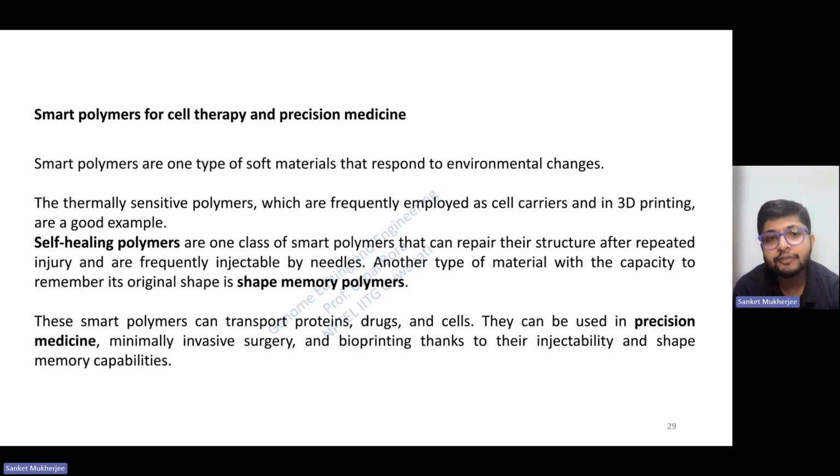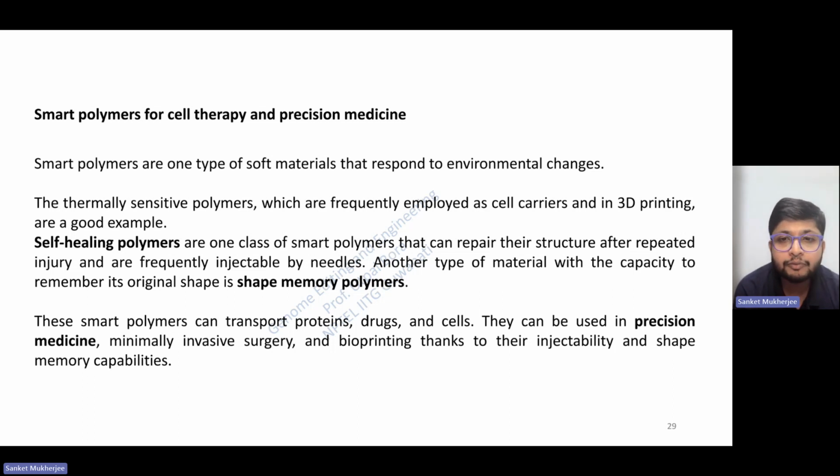The thermally sensitive polymers, which are frequently employed as cell carriers in 3D printing, are a good example. So self-healing polymers are one class of smart polymers that can repair their structures. So that answers our question.